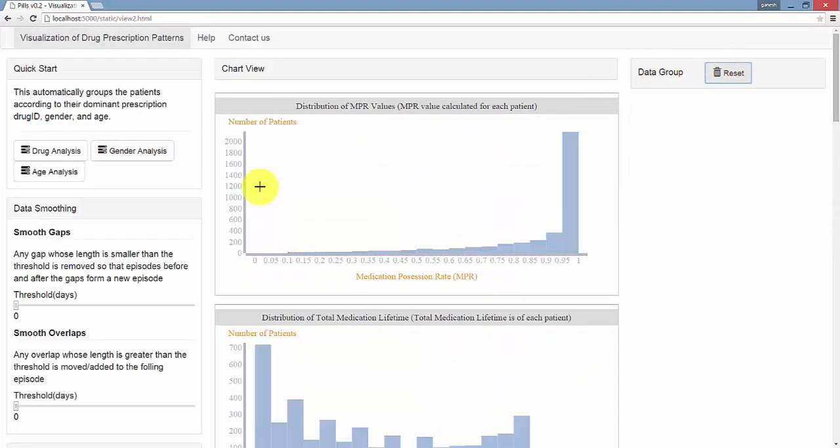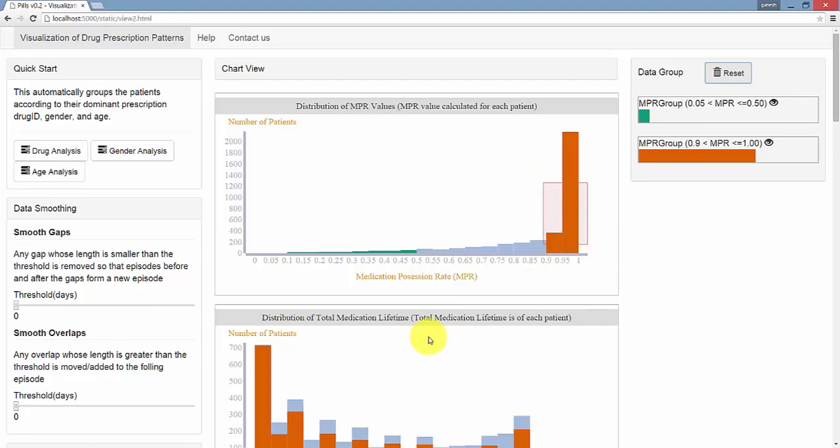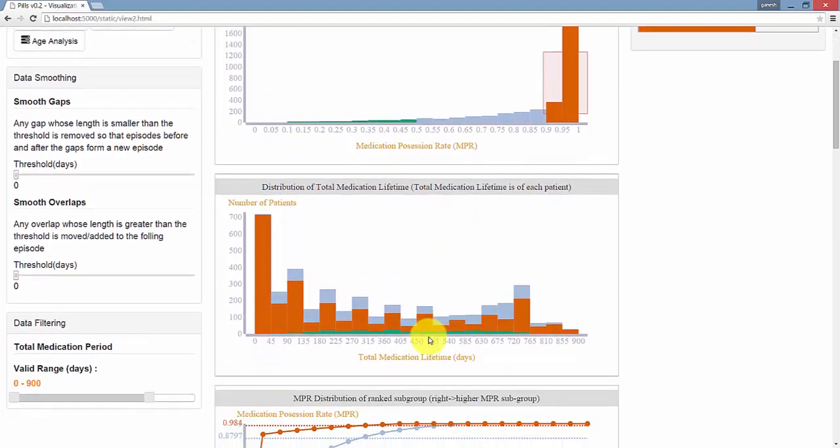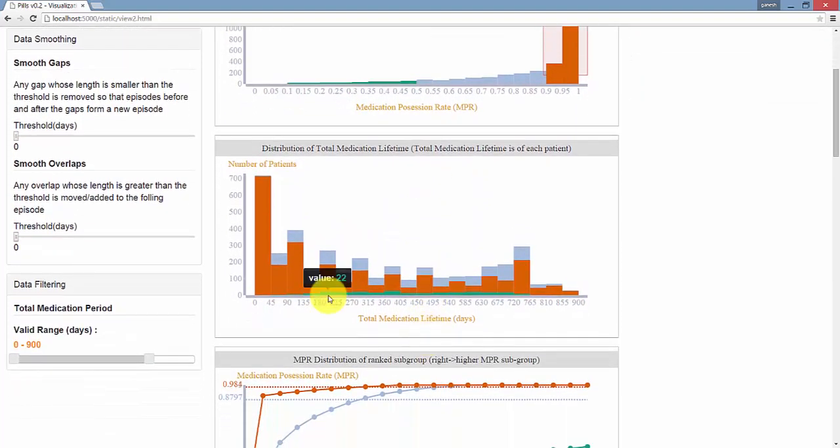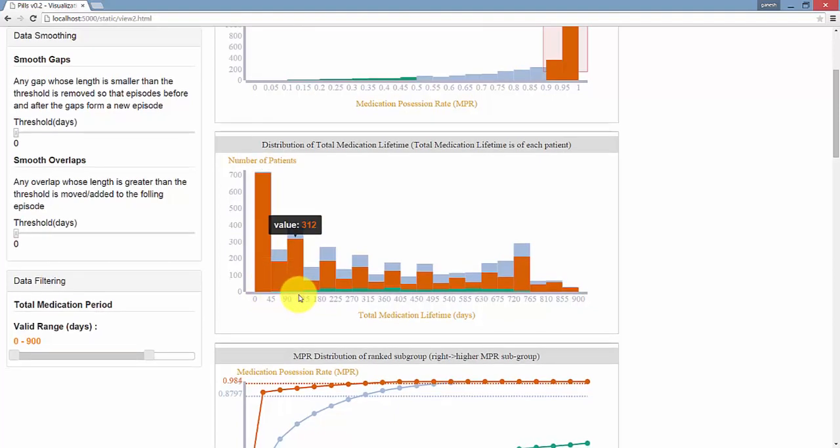Now, if you compare those who have low MPR value versus high MPR value, those who have a low adherence rate are between 130 days to 720 days. It shows that everybody was adherent to the prescription in the first 3 months.